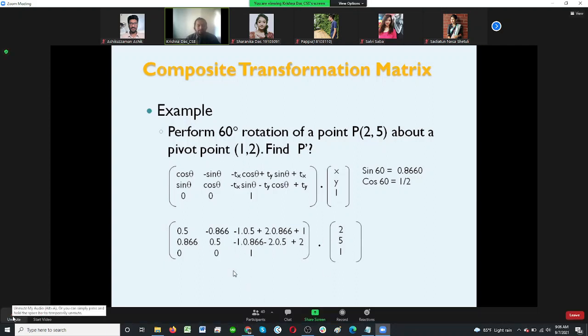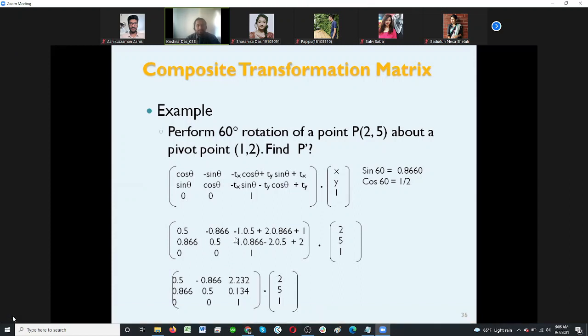Now we simplify here. We get 0.5, 0.86, minus 2.232 after doing the calculation, after multiplication and so on. And here we get 0.86, 0.5, and after the calculation we get 0.134, and 2, 5, 1.